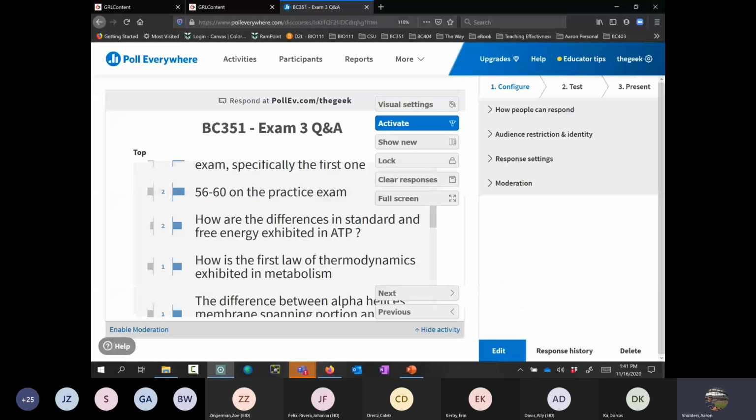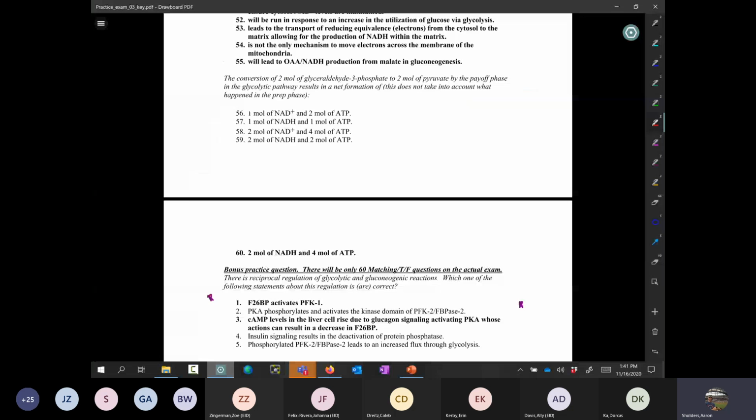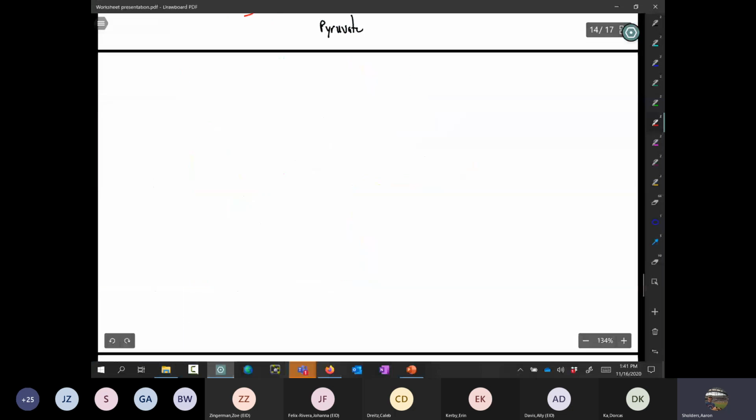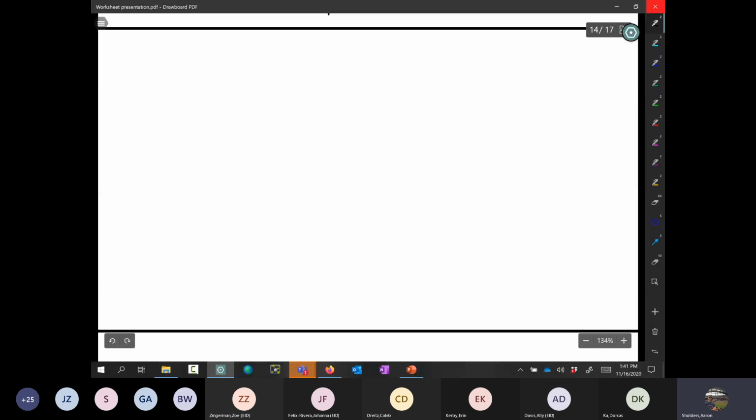Let's look at this real quickly. It's not too hard to look at in short order. Essentially, what we're saying is this: G3P is the start of the question for the pathway. So it's the energy generation phase.